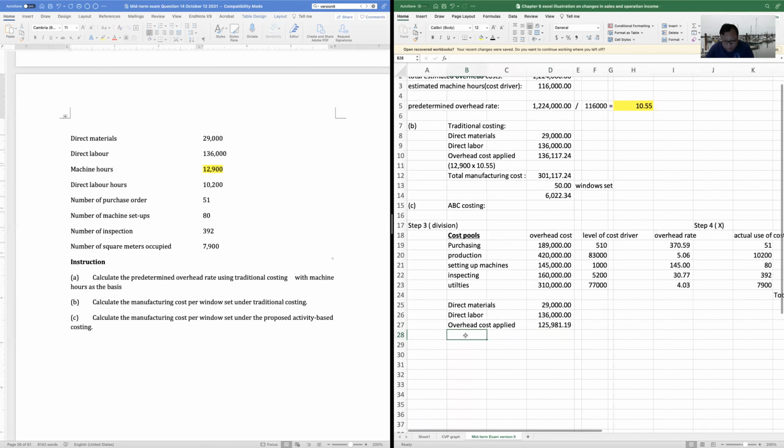So what's the total manufacturing cost? Here. Okay. And then again, it's the 50 window sets, right? So the average for each window is going to be 5819.62.